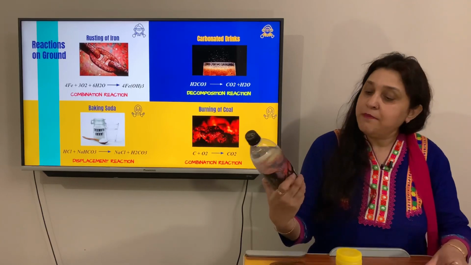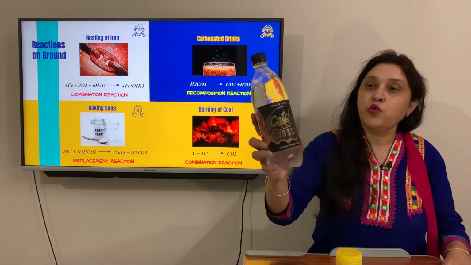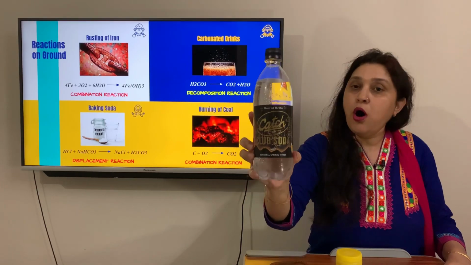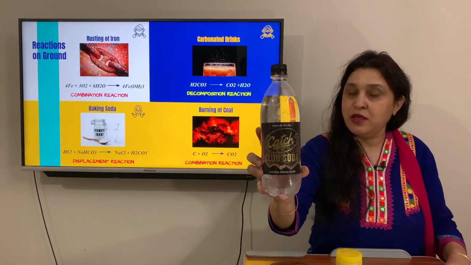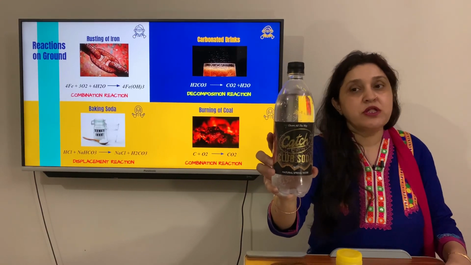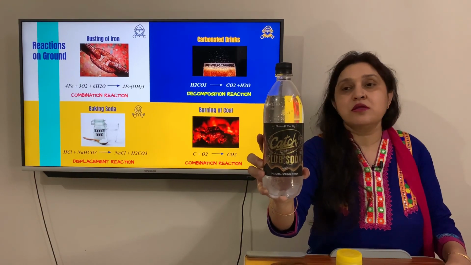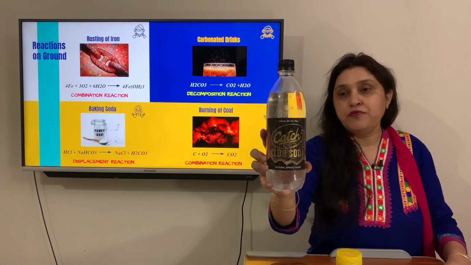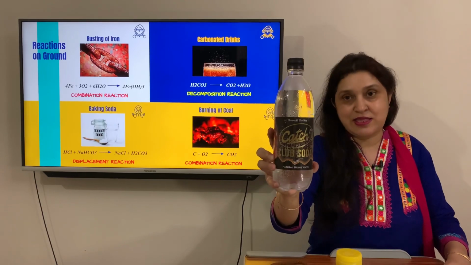And the last example is, this is a soda water bottle, and you all know that in all the carbonated drinks, one gas is present which is dissolved in these drinks, and I think all of you know the name of this gas.